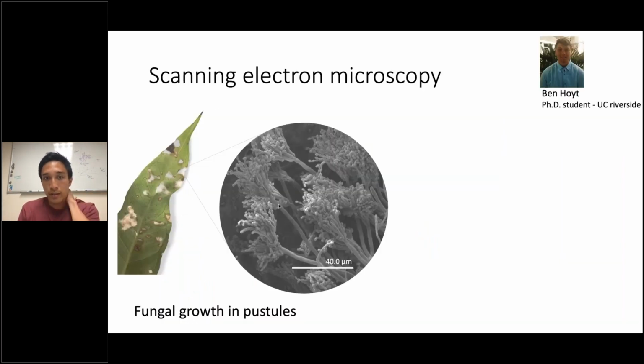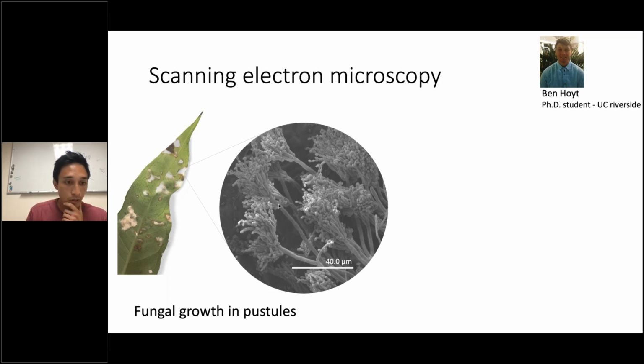But before we actually implemented this, we wanted to choose which fungi might be inhibitive to Myrtle Rust. So we did some scanning electron microscopy. Ben Hoyt, who is now a PhD student at UC Riverside, was an undergrad at UH Manoa before. We did scanning electron microscopy of leaves that were inoculated with rust, and we saw some interesting interactions.